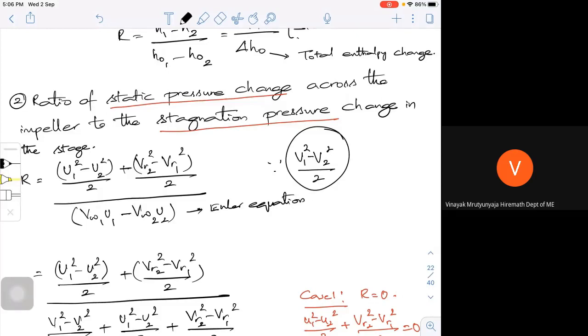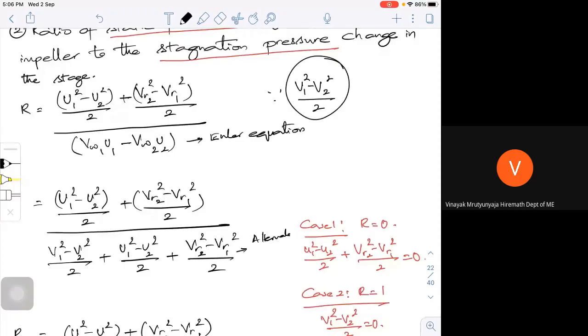Fine. Now I can write the same thing in an alternate form. So if someone asks you to write the expression for degree of reaction, this is your starting point. Now there are a number of cases.